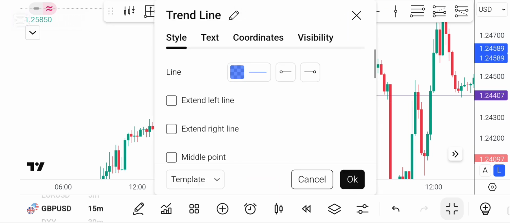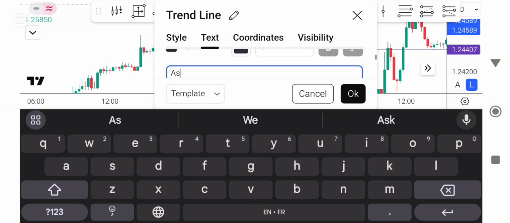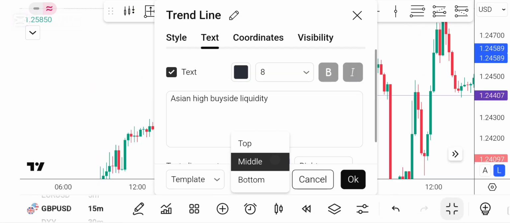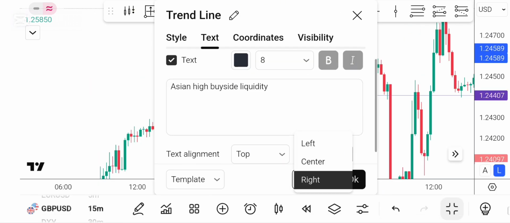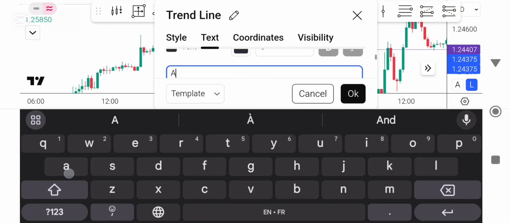In case you don't want to do it, it's okay. This should be your Asian highs, buy side liquidity, and you should always position it to the top, and left. Preferably like so. And then this one should be the Asian lows.